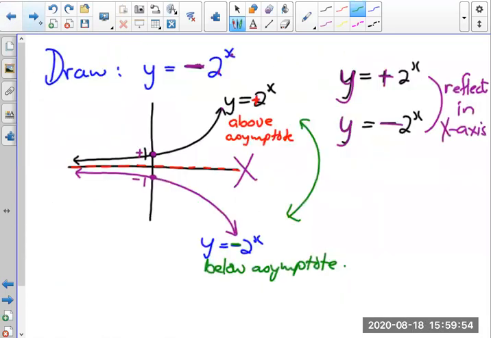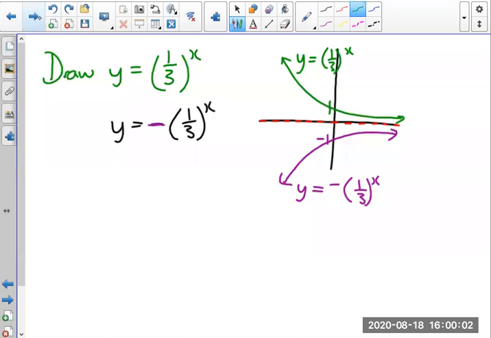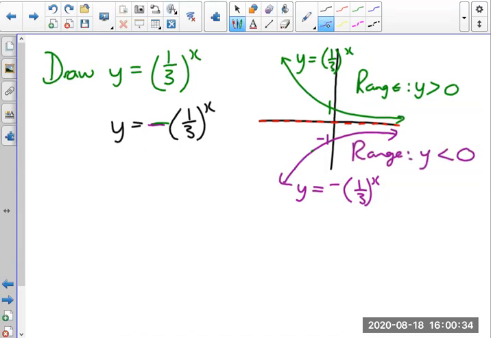If you change the sign to a negative, the graph lies below the asymptote. Can you see that for this green graph, the domain stays the same, but the range we said was y bigger than the asymptote. And if you look at this one, the range is now y smaller than the asymptote, below.